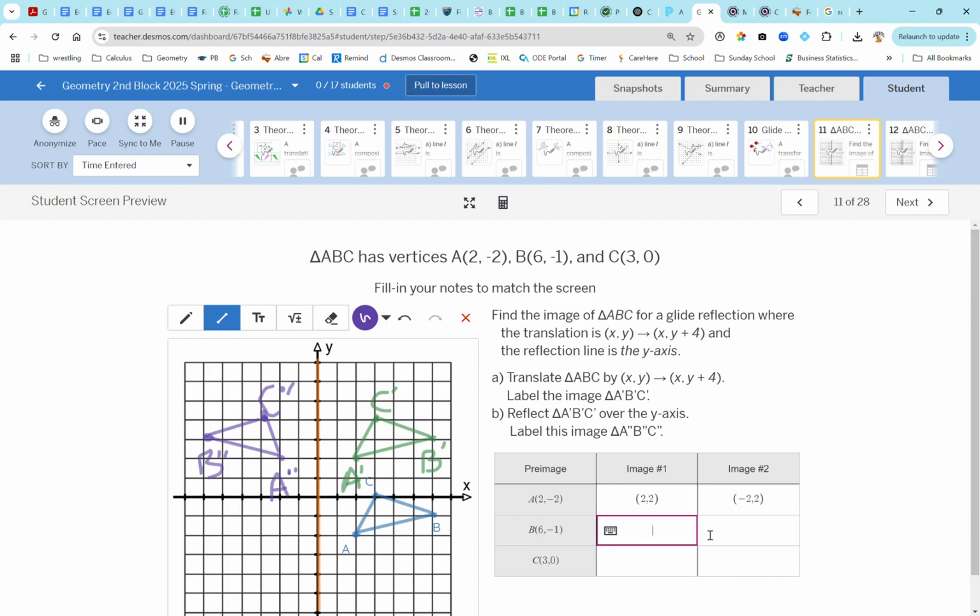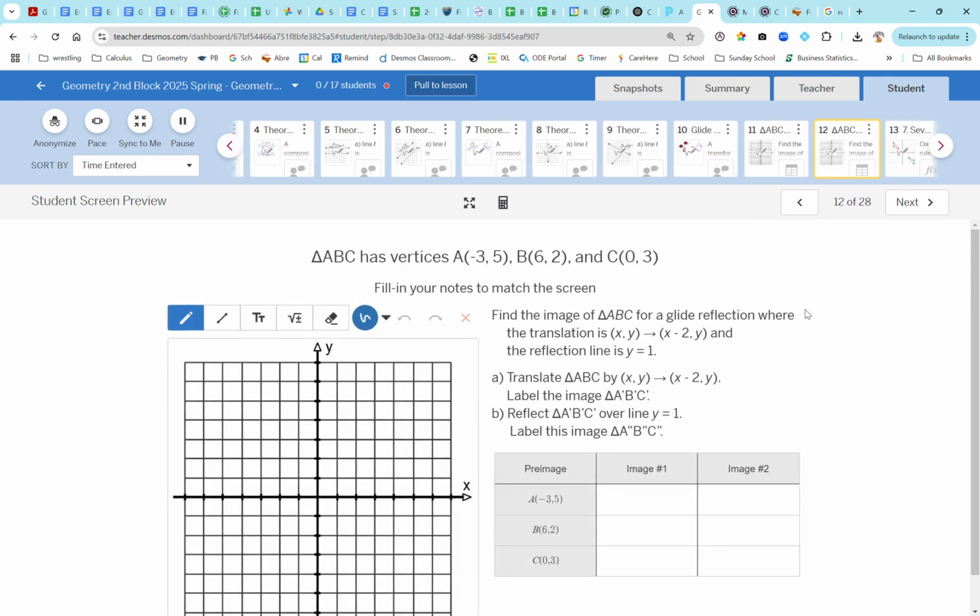Okay. I'll give you opportunity to fill in the remainder of these. They're just shown here. And I'm going to move on. You can pause if you want to finish that, to our next one.